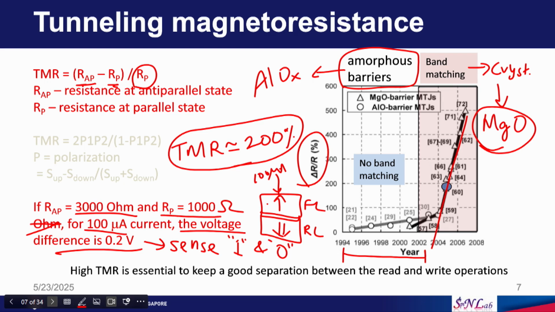If you remember the GMR example, the difference was only like 1 millivolt. Now it is like 200 millivolt, which is enough to sense 1 and 0. Because of this reason, people do not use AMR or GMR; people use magnesium oxide as the barrier, which can give rise to 200% TMR for reading information in MRAM.